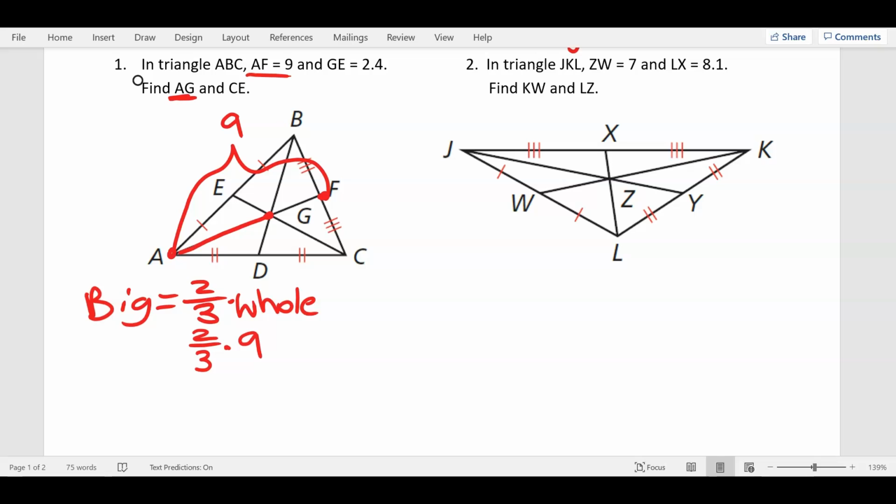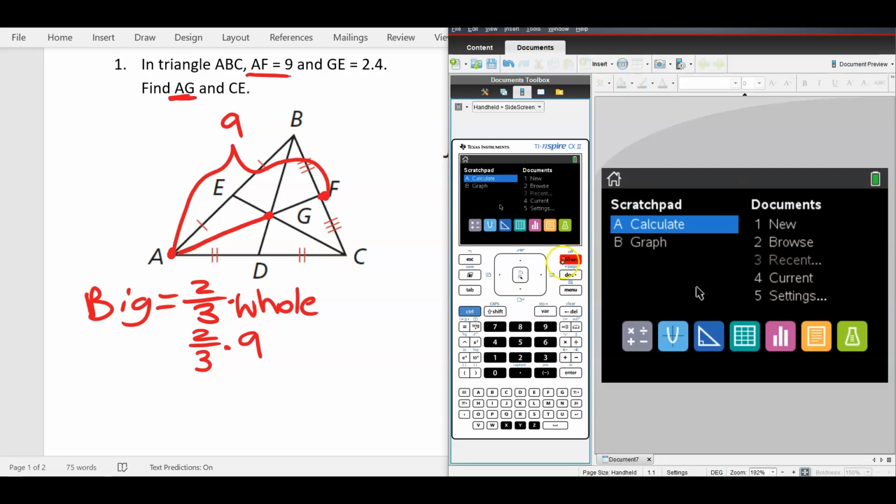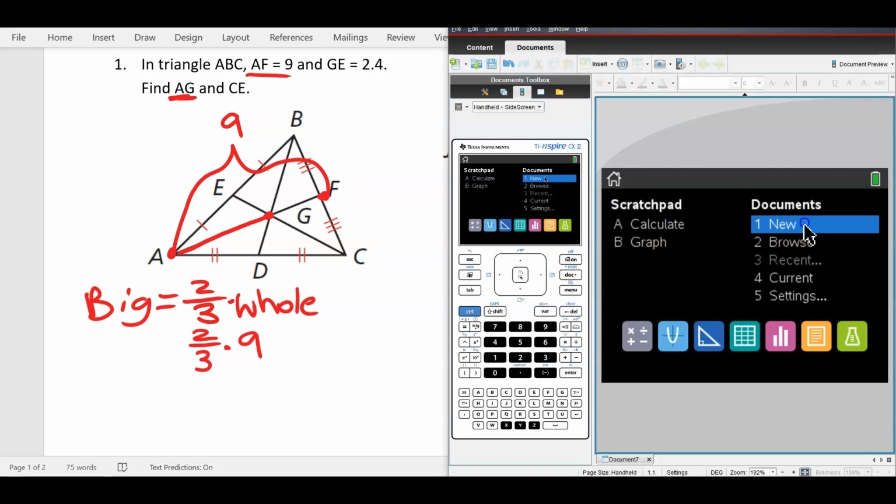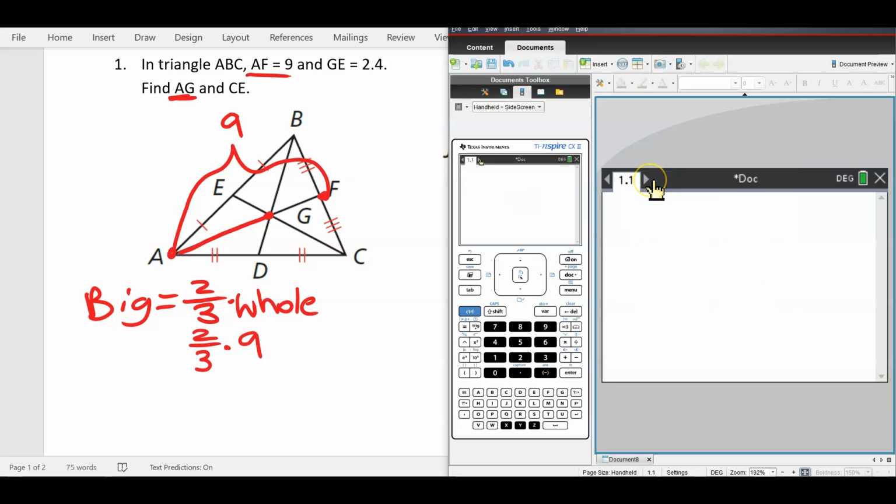Do y'all know how to do 2/3 times 9 in your calculator? If you do or you don't, let me show you how. If you hit Control Divide, it'll give you a fraction bar. 2 on top, 3 on the bottom, go to the right, times 9. 2/3 times 9 is 6.